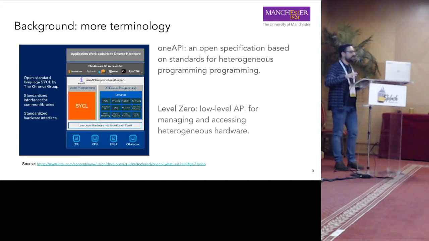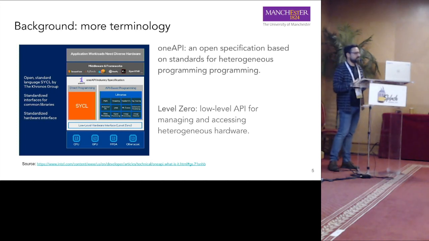One more thing about this ecosystem: we also target the OneAPI ecosystem from Intel. OneAPI is a bit confusing from Intel because they have the specification, which is open, and the tool or implementation, which is also called OneAPI. Here I'm referring to the specification. It has many components, a few compilers, and libraries.